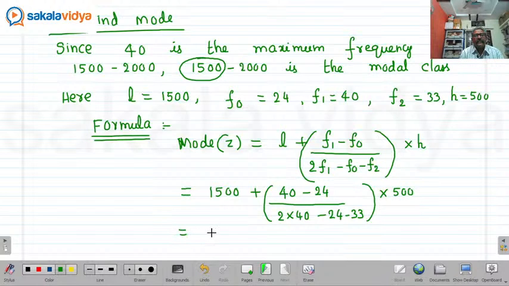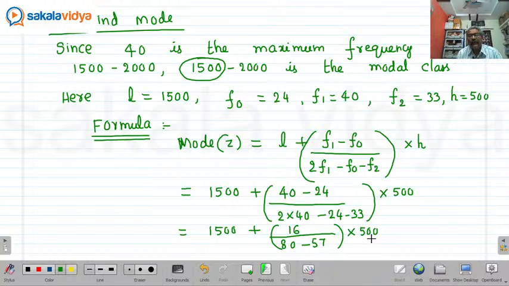So this equals 1500 plus, let us simplify this, 40 minus 24 is how much? Is 16, okay, upon 80 minus, add these two, 57, and multiplied by 500.